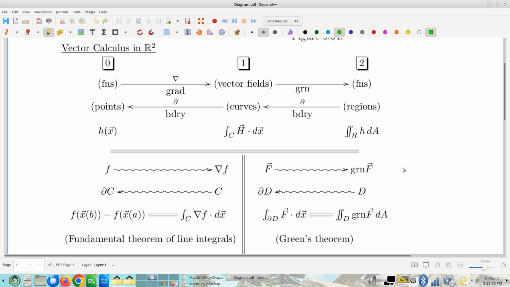Lots of good things will happen if you just organize the ideas in this way. So let's talk about what's on the diagram and what is the organization I'm talking about.